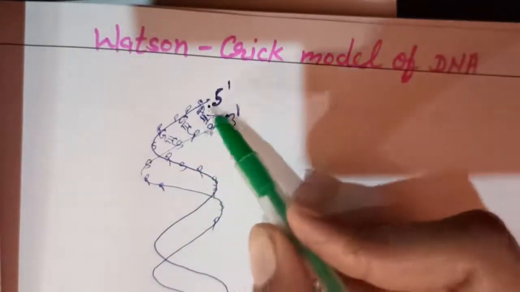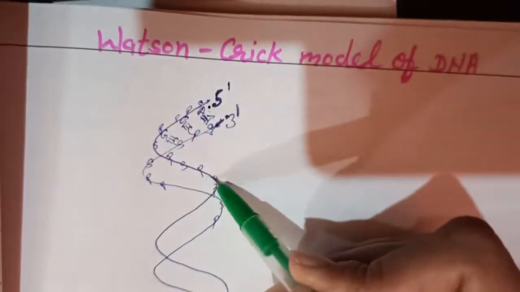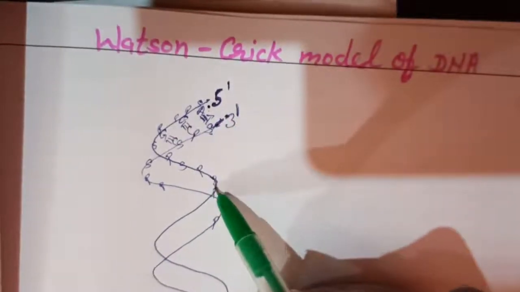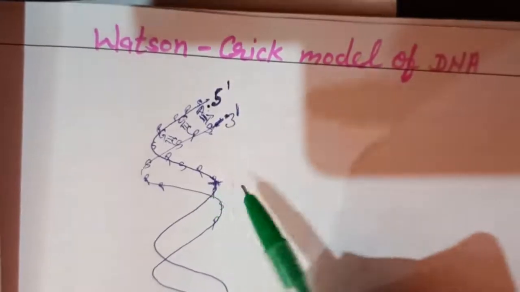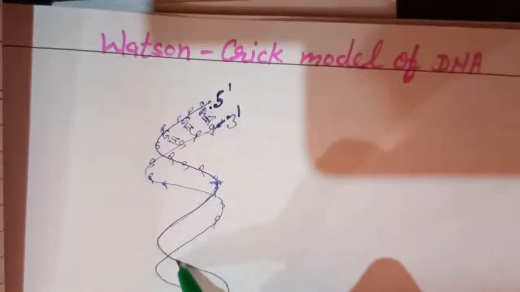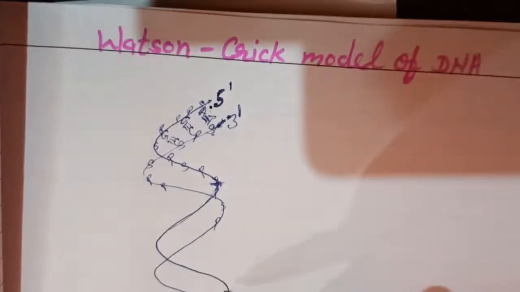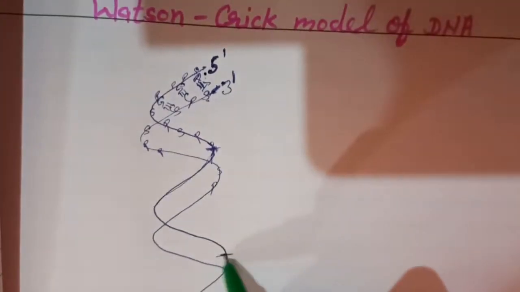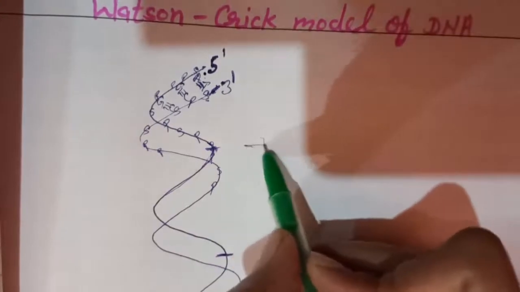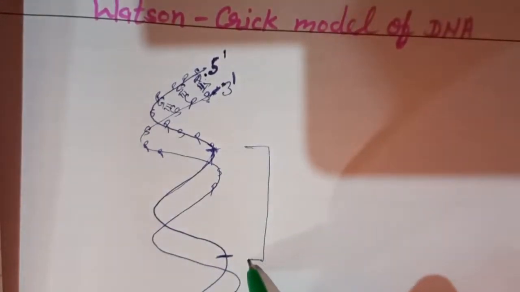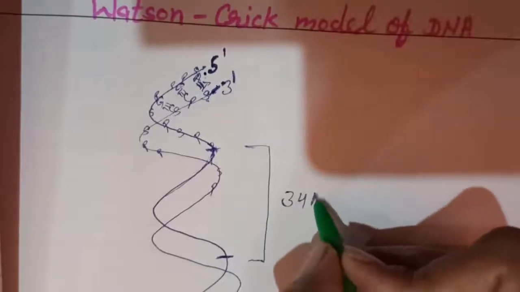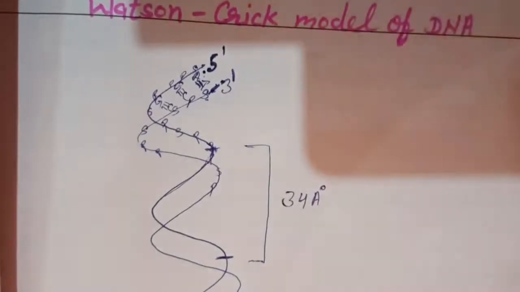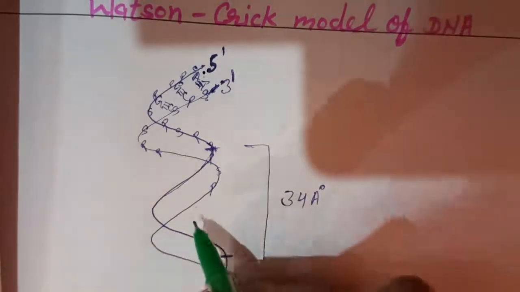One pitch is like you can start from here, and from here to here it will be one pitch. This is called one pitch of DNA, and this is of 34 angstrom.